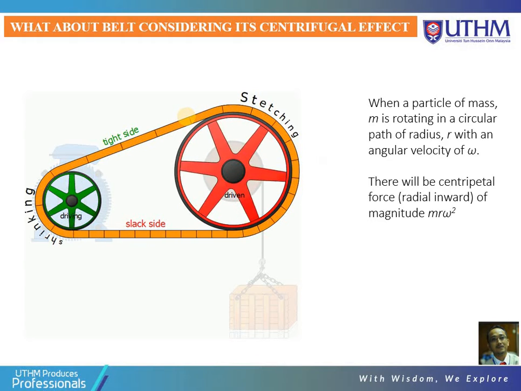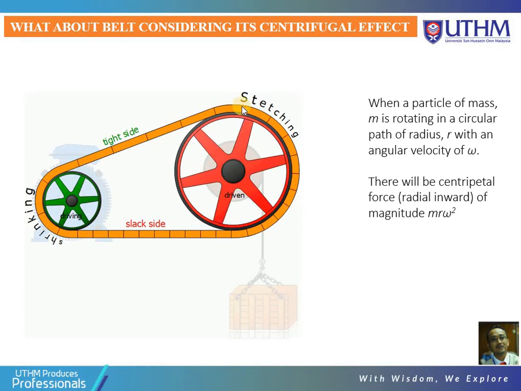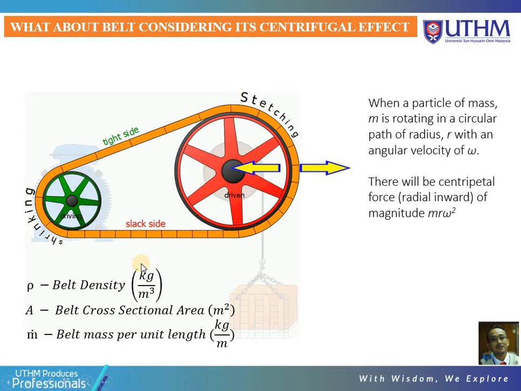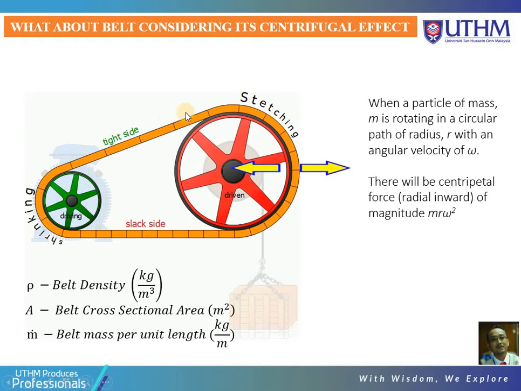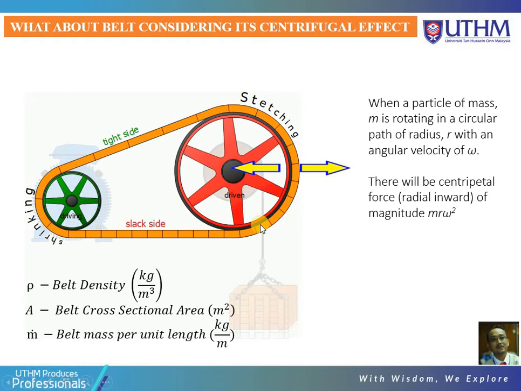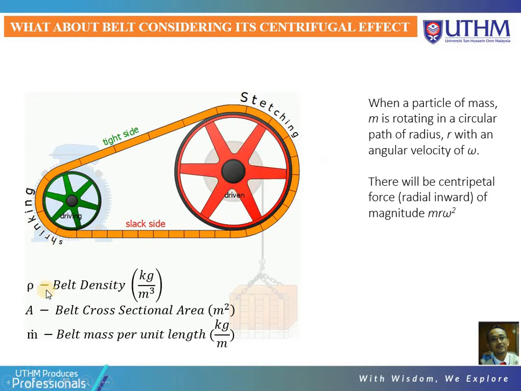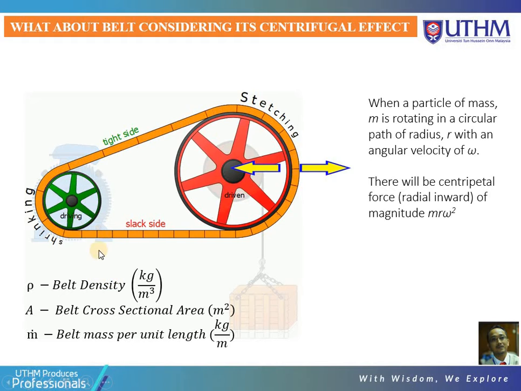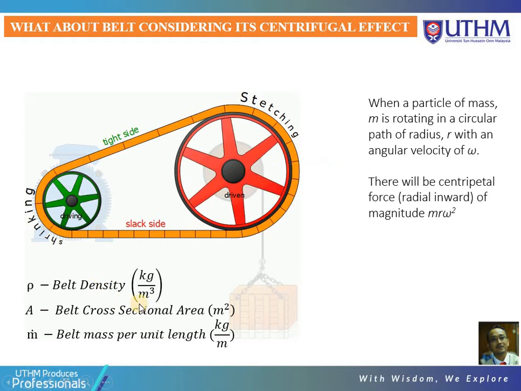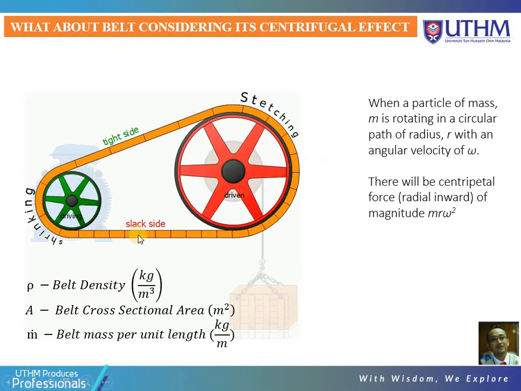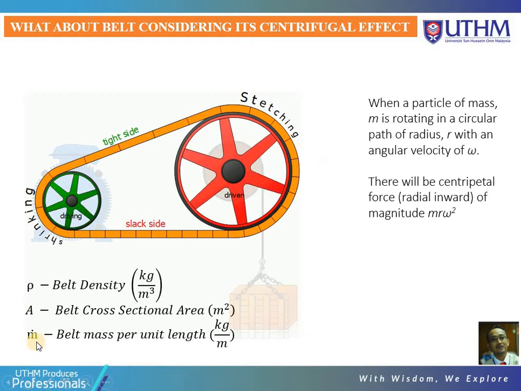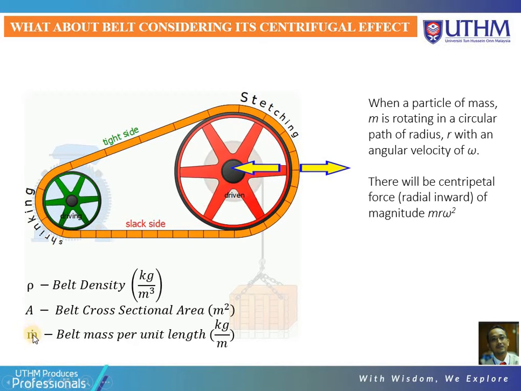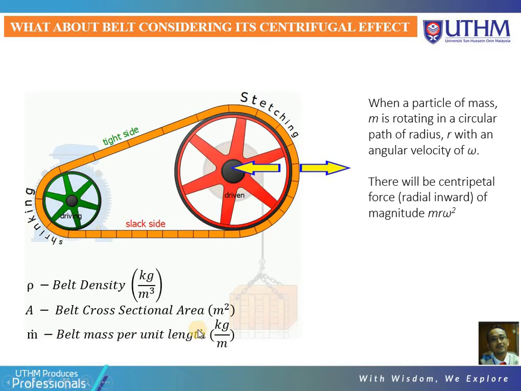Okay, what about the belt considering its centrifugal effect? Say this is the belt running through the pulley groove, attached to the pulley groove, and the belt has its own density with a certain unit, with a cross-sectional area A, and belts are also recognized as having belt mass per unit length.